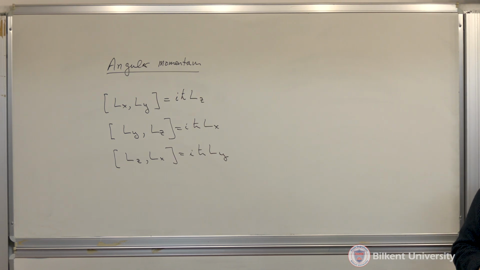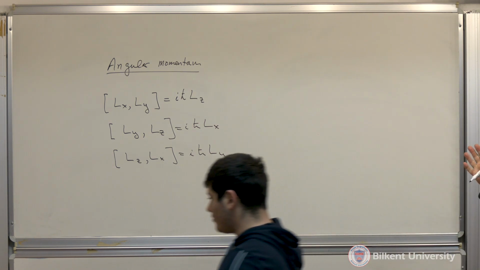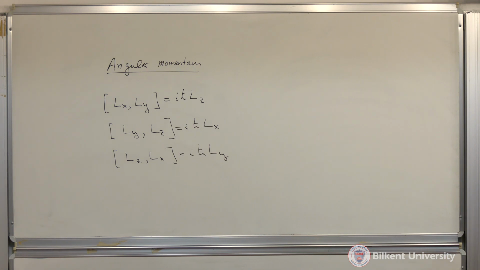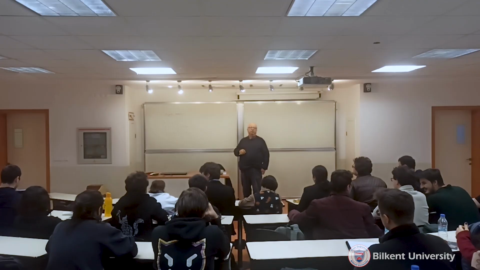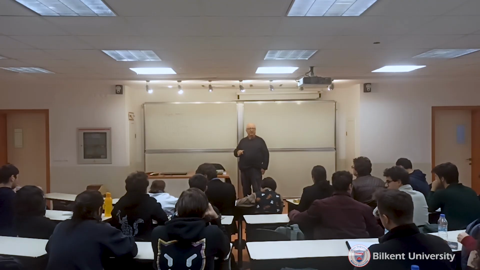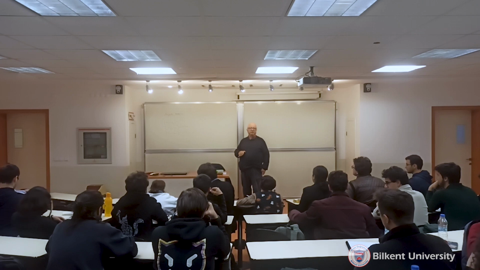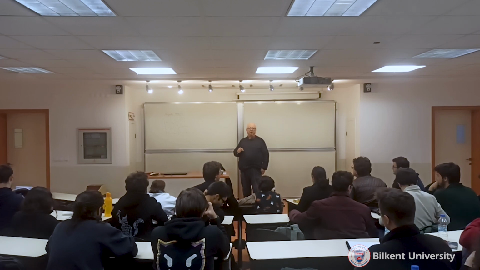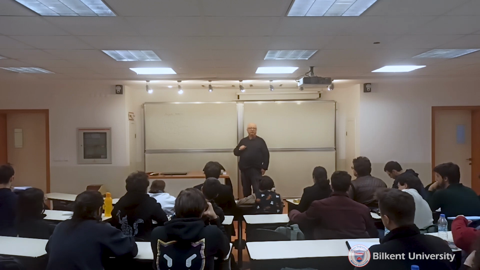The point is we have a Hermitian operator, Lx or Ly or Lz, and we are measuring only a single one of them. As long as you have a single Hermitian operator, you can find its eigenstates, and eigenstates of that operator are possible results of the measurement.